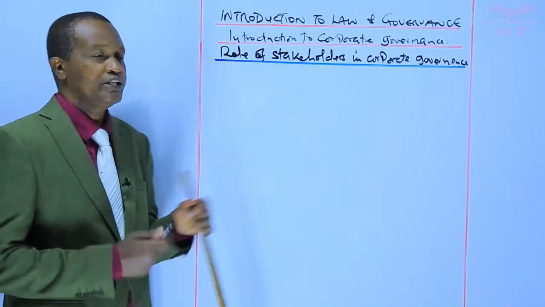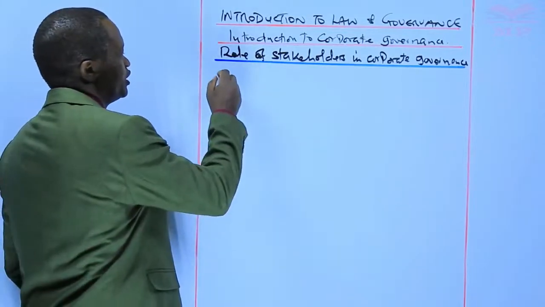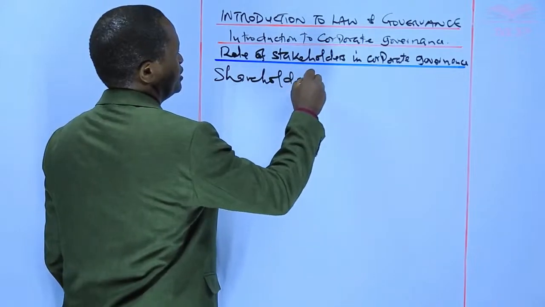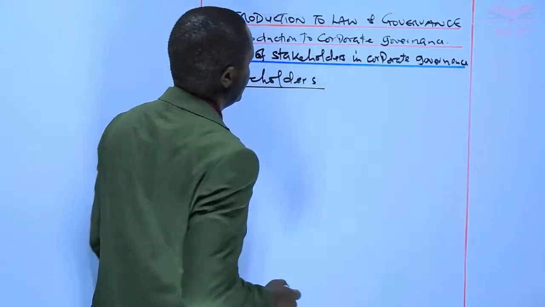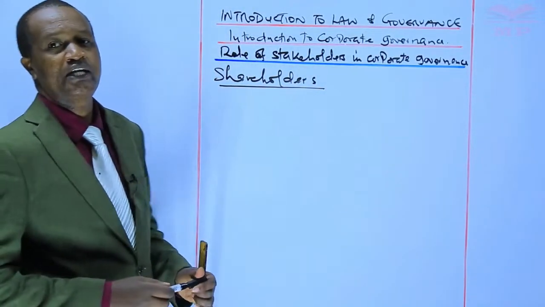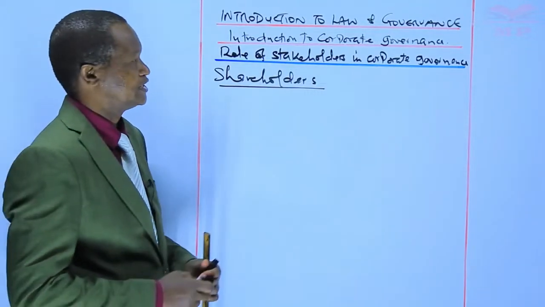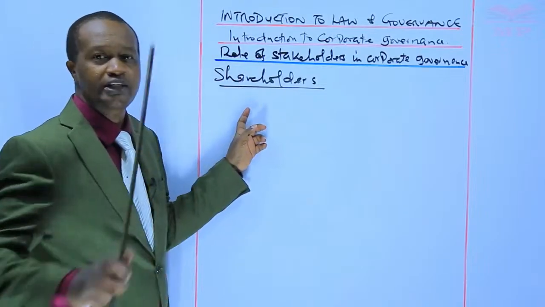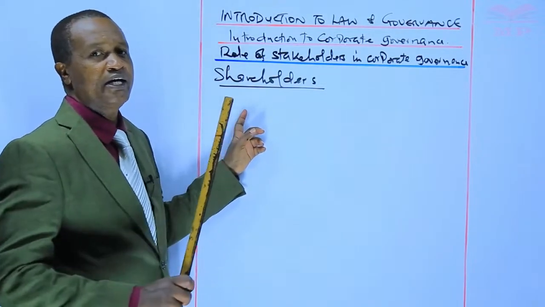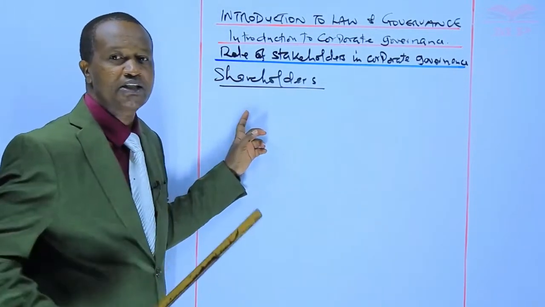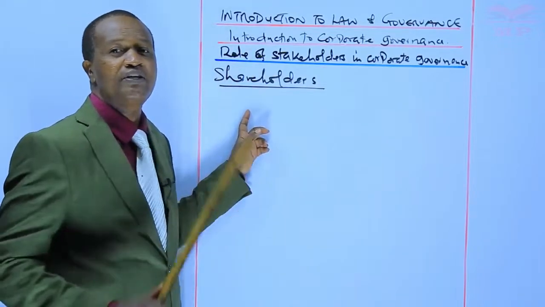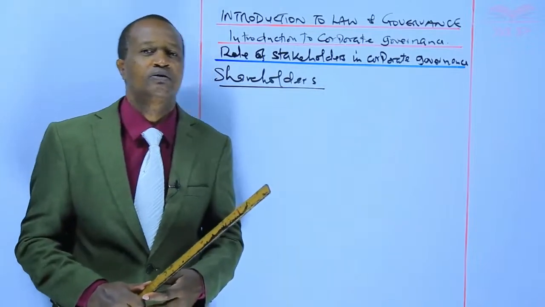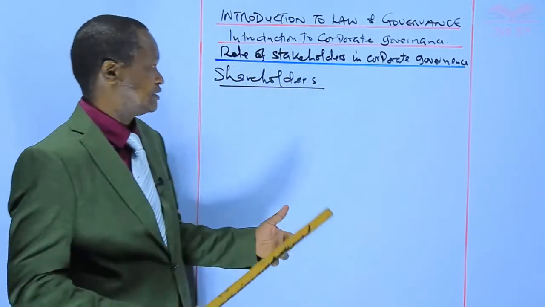Let's begin with the shareholders. What is the role of shareholders in corporate governance? Now, candidates, shareholders of a company, both jointly and severally, are expected to protect, preserve, and actively exercise the supreme authority of the company in general meetings.